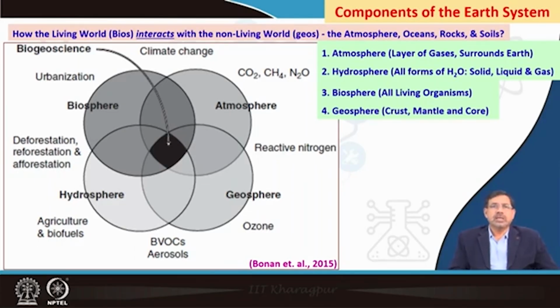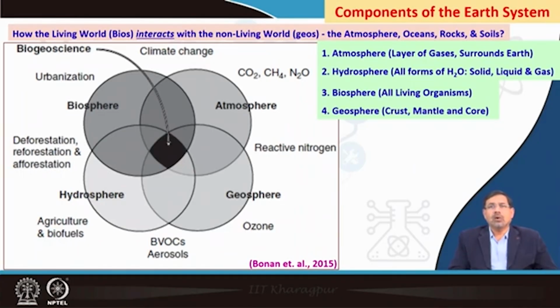So this together leads to many other phenomena and activities we discuss under the biogenic volatile organic compounds such as BVOCs, the aerosols, the reactive nitrogen, and all this together we will try to understand throughout this course, in terms of their contribution and relevance to climate change.